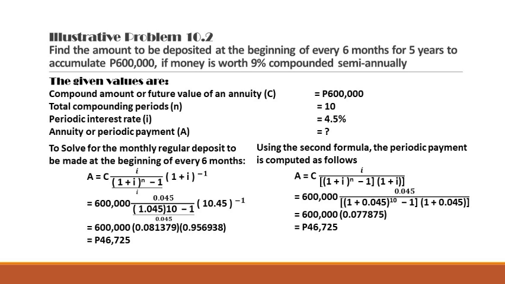By substituting its value, we will also get the value of 46,725 pesos, which is the value for the periodic payment A or the annuity.